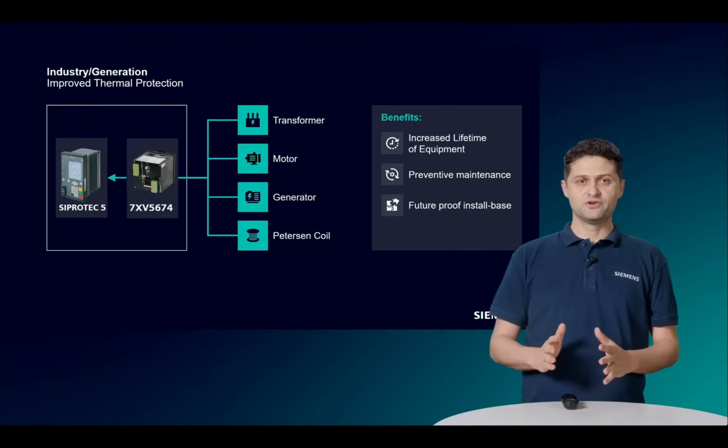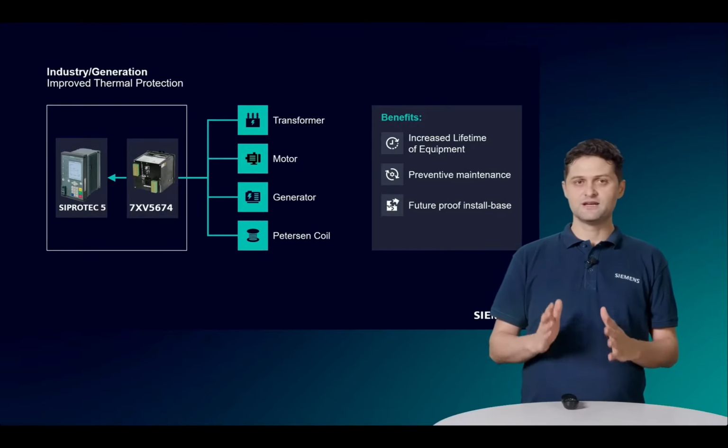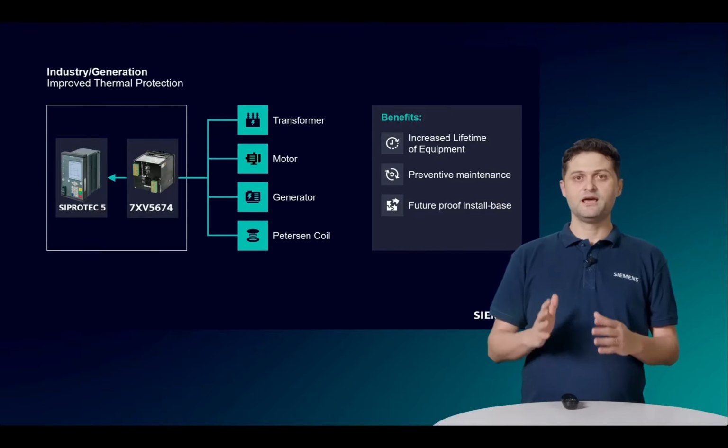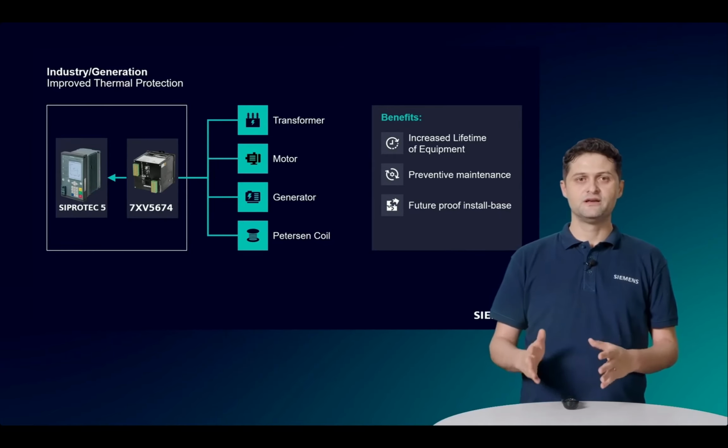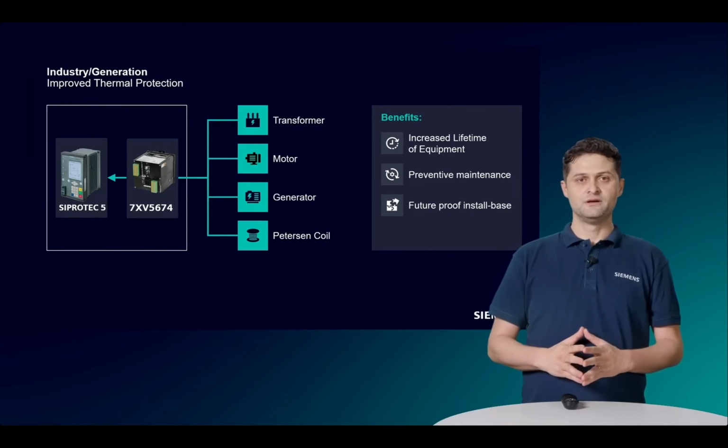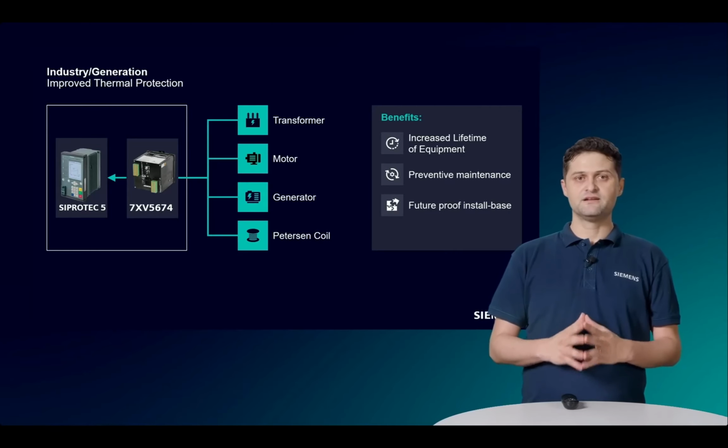It is straightforward to install a SICAM analog I/O unit or any other choice of device of yours and connect thermal sensors directly to SIPROTEC 5 device. The connected sensors data is directly fed into the thermal application side of the SIPROTEC 5.